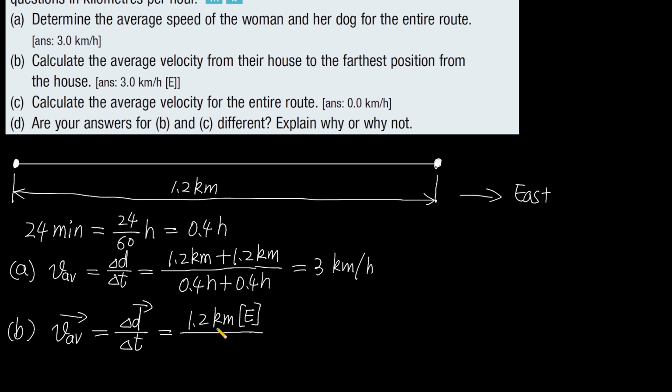And the time interval delta t from the house to the farthest position is 0.4 hours. So this equals 3 kilometers per hour, and the direction is east.